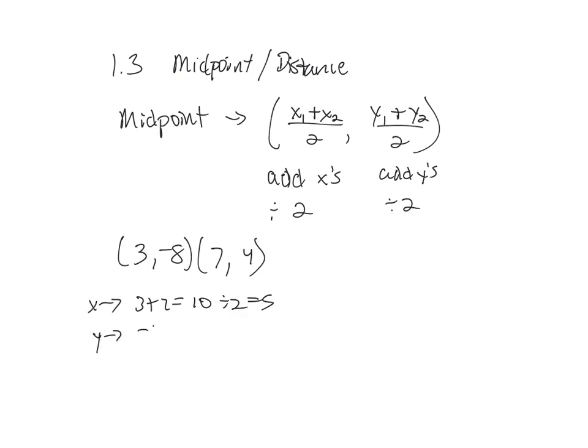And the y part is -8 plus 4 is -4 divided by 2 is -2. So the x part is 5 and the y part is -2. So you could plug it in the formula. You're doing the same thing, just remembering it a slightly different way. Okay.